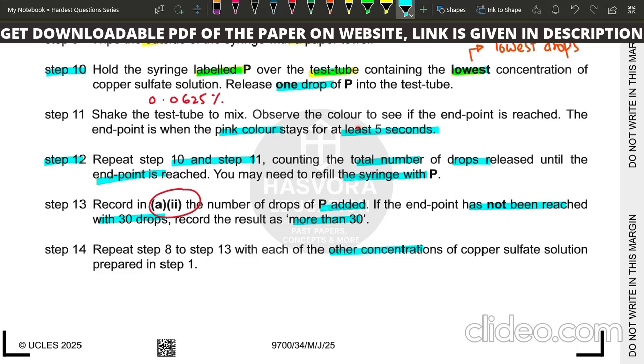You can mention that it is difficult to release one drop at a time, and you can also write that the size of the drop varies. One can be larger, one can be smaller. You can also write about the end point, that it is difficult to observe when the end point is reached. You just have to stick with one of them.